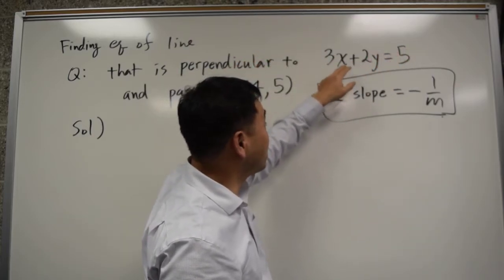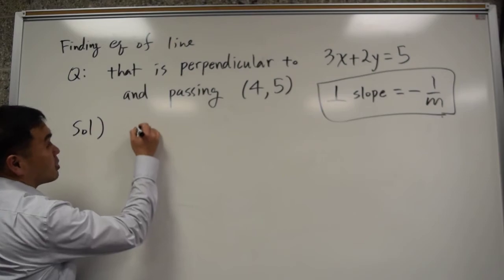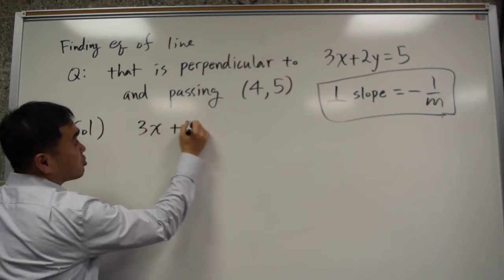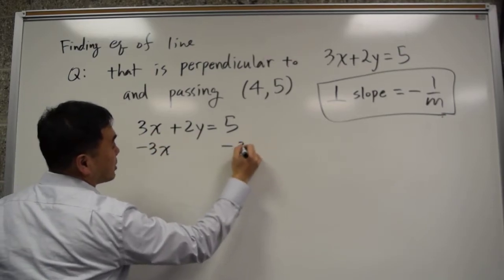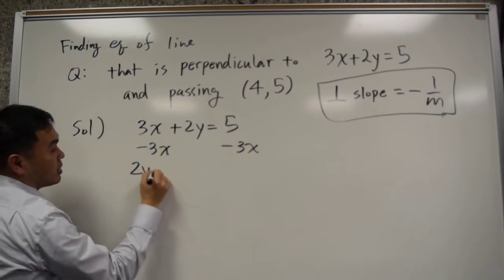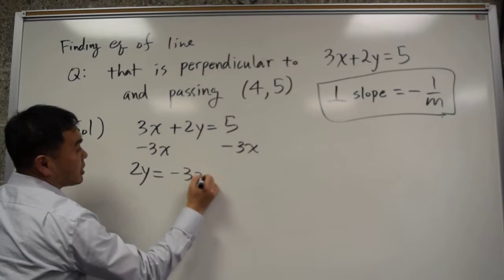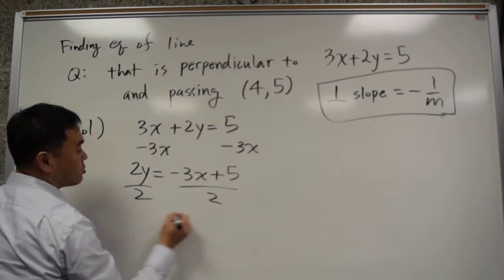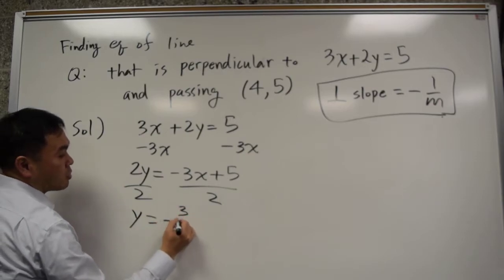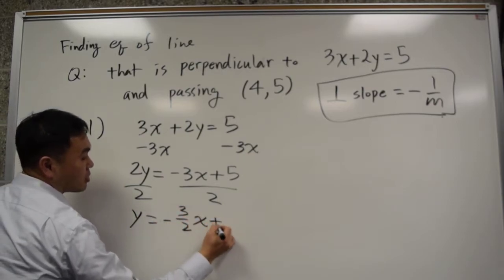So we're going to solve this for y. You have 3x plus 2y equals 5. Subtract 3x, 2y equals negative 3x plus 5. Now divide by 2, and you get y equals negative 3 over 2 x plus 5 over 2.